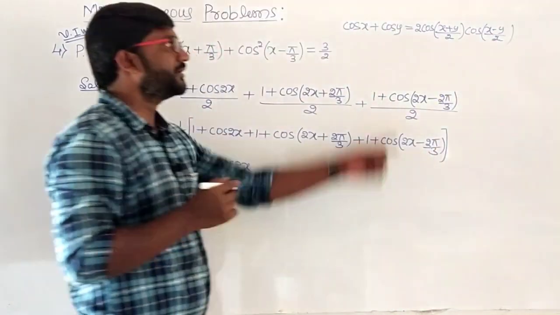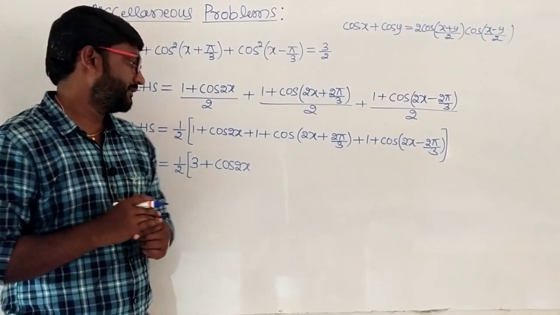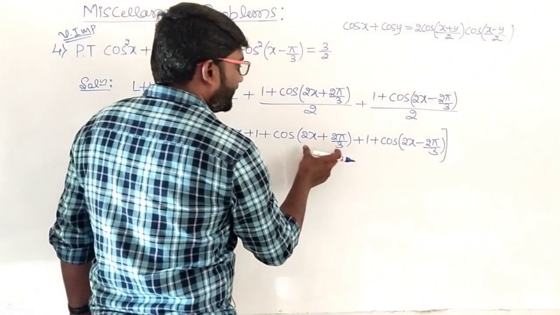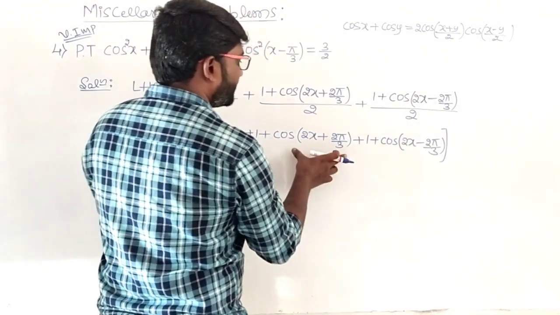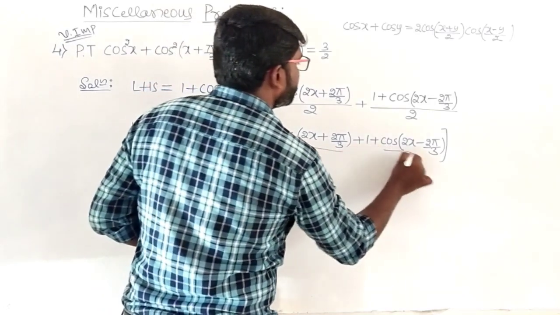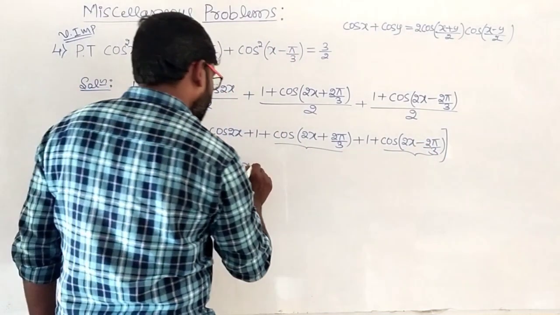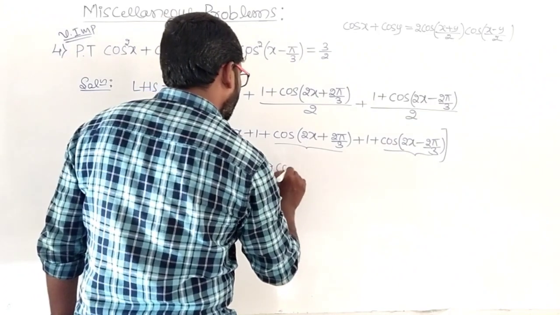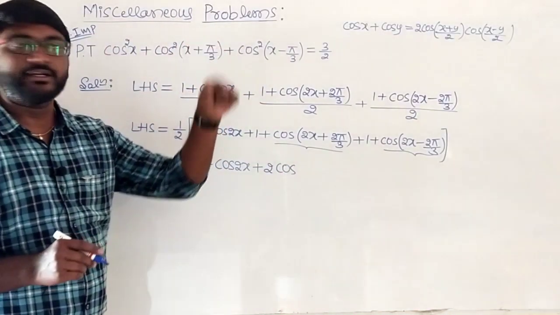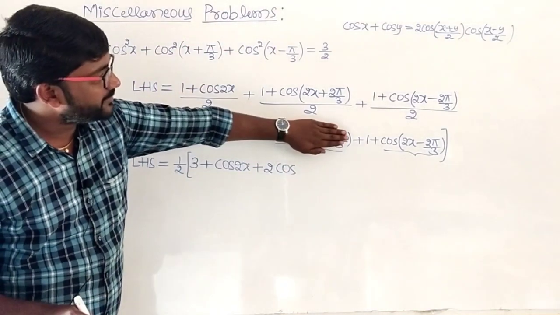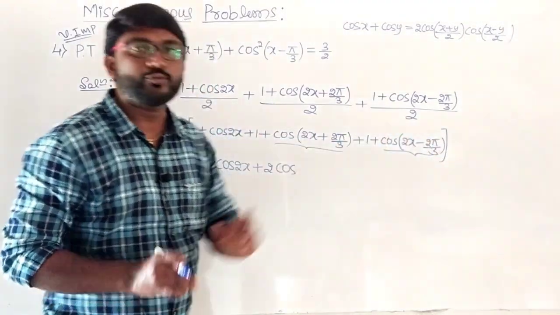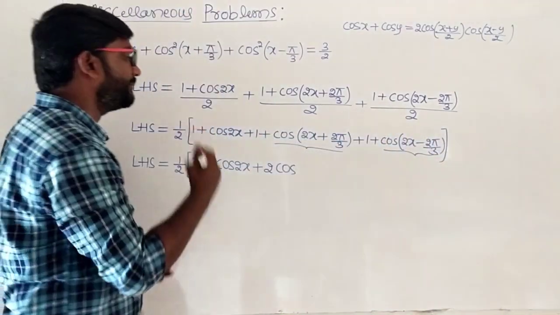We have to make use of this standard result. Now I apply the cos x plus cos y formula for these 2 terms. So what do we get? Plus 2 cos of x plus y by 2, where x is 2x plus 2 pi by 3 and y is 2x minus 2 pi by 3.